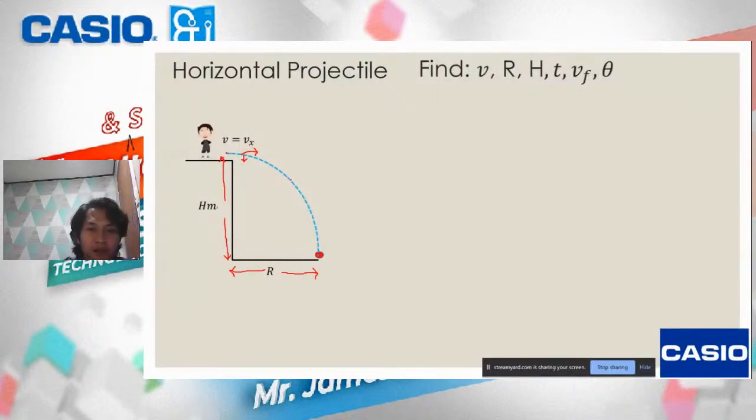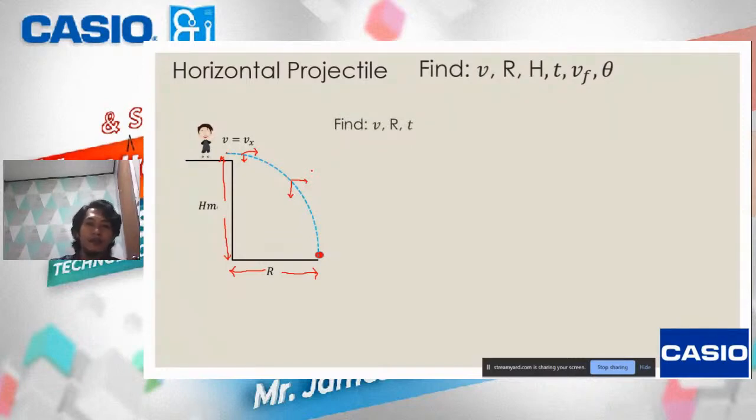Pero here, may velocity vector tayo ng x, and may velocity vector tayo dito na malaki. Now, yung ating haba ng velocity along x is the same because constant. But sa y, palakas siya ng palakas, dahil nga sa pataas ng magnitude, dahil nga sa ating gravity. Now, how do you find the values of v, r, and t?